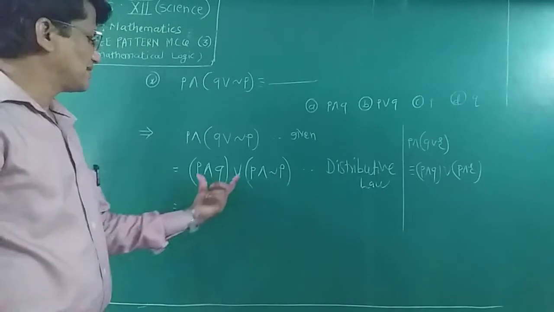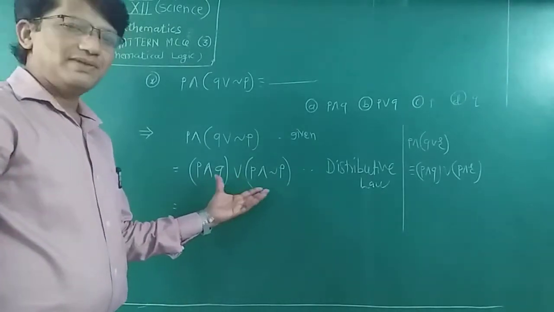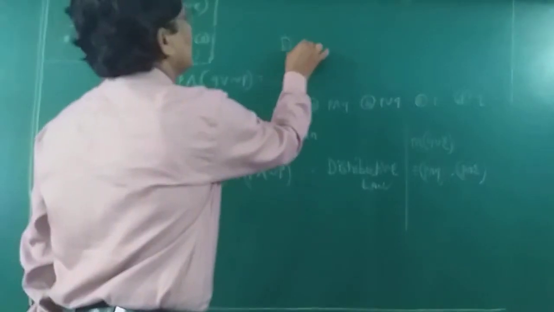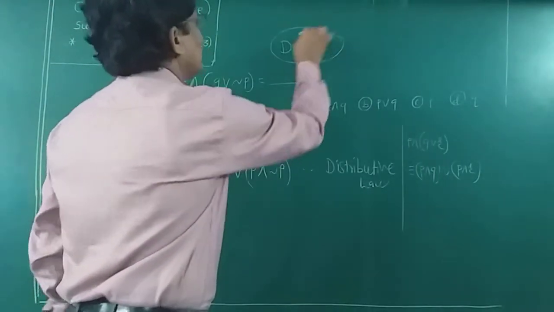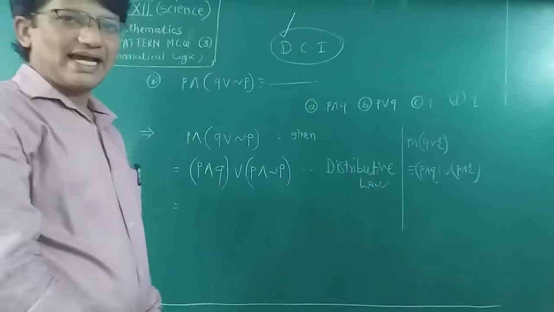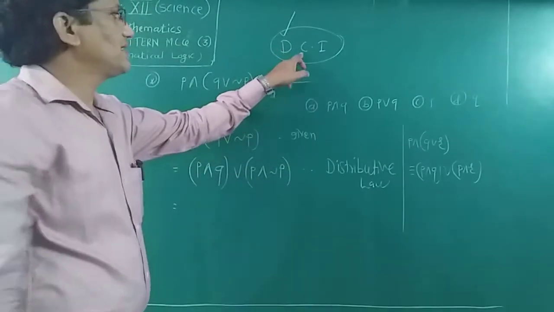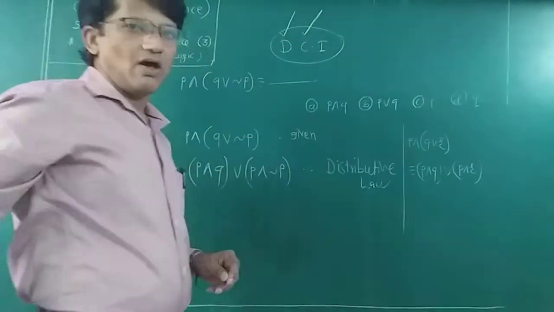After that, this is our second step. Then what will be the next step? For that, use the rule D, C, I. D means try to apply the distributive law. Second one, C, means the complement law.